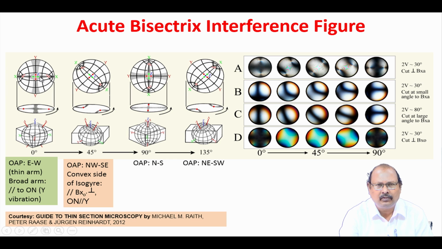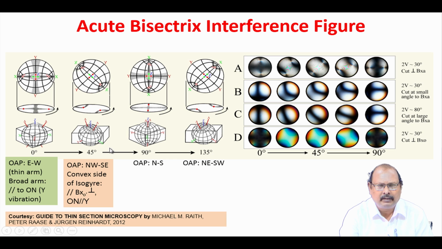The two arms of the isogyre will no longer remain straight, but will split and have a curvature. We call it the hyperbolic segment. One segment is here and the other segment is here. That is definite confirmative evidence that this mineral is part of the biaxial mineral group.